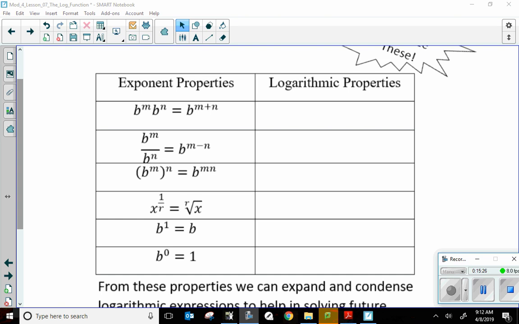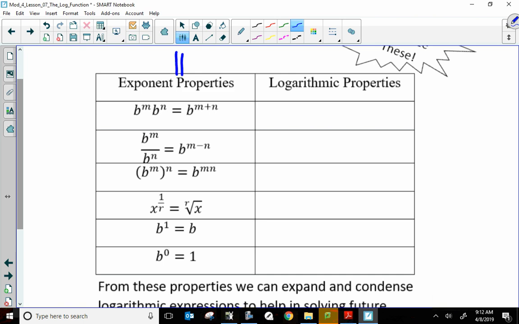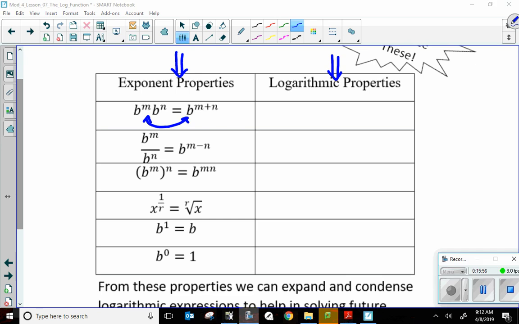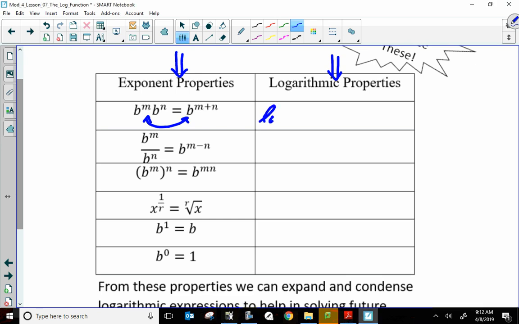Okay, so we have some properties. We just learned these exponent properties a lesson or two ago. And if exponents have properties, shouldn't logs also have properties? Because logs deal with exponents, and they do. All right, so let me go through these one at a time. And just like I can go back and forth, I can go back and forth with these log properties, meaning if I am taking the log of some base, I should call that base b because they use m and n's here.